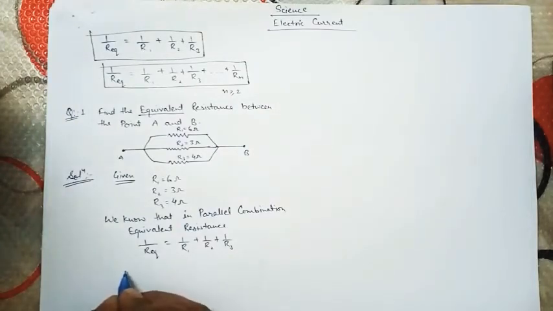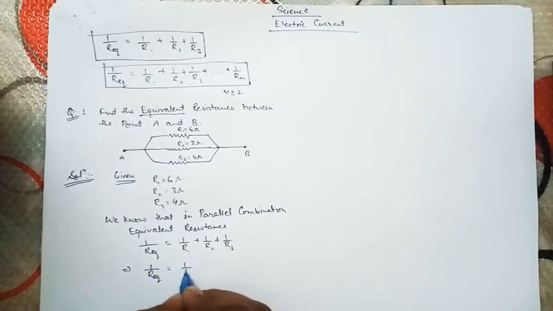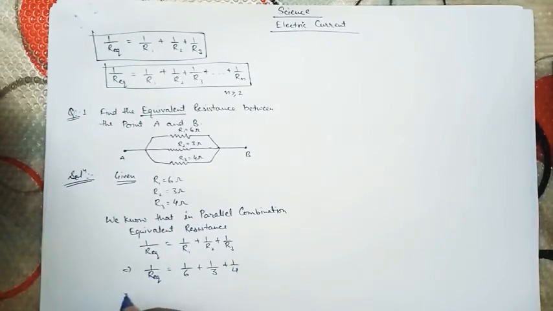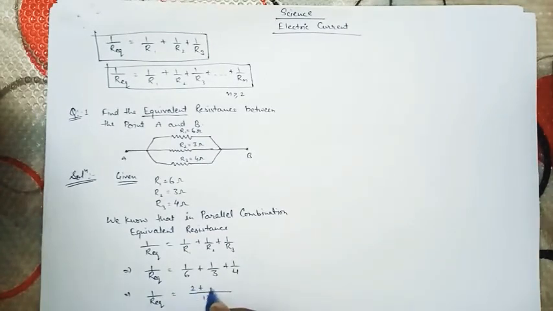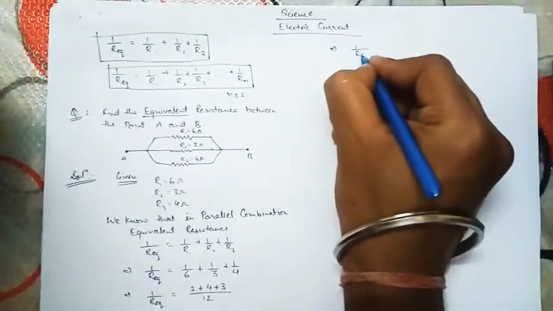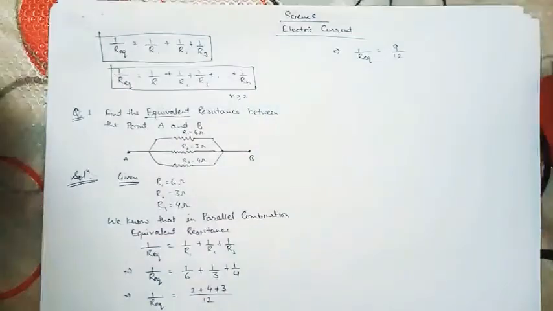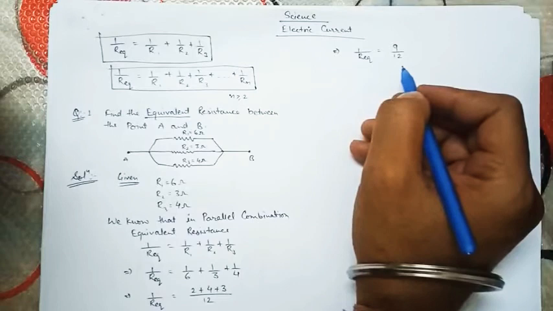Okay, now we put the values of R1, R2 and R3. That is 1/6 plus 1/3 plus 1/4. Now we take the LCM, that is 12. It is a simple calculation. Sometimes students write that R equivalent equals 9/12, but this is not the value of R equivalent.